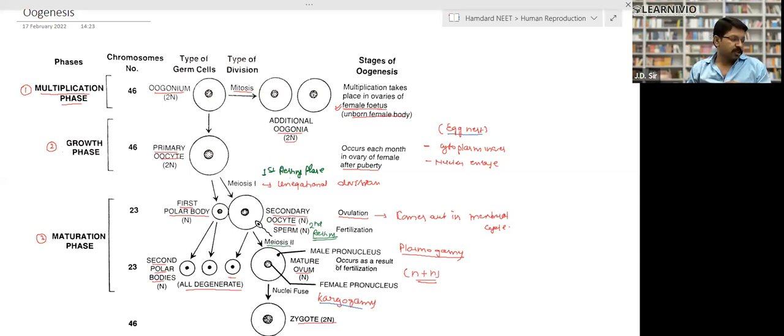Formation of egg begins before birth, but is completed after fertilization. Full stop. Next one.